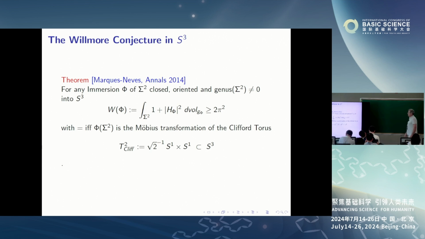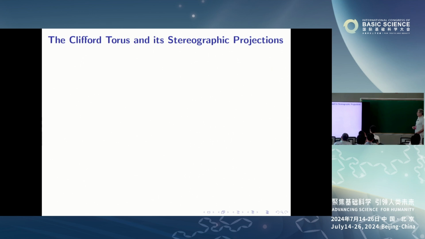And so this is what Marques and Neves proved. And we are going to go through their arguments and try to draw some lessons from their approach. So let's go a bit into that. First of all, just to have an idea how this torus looks.